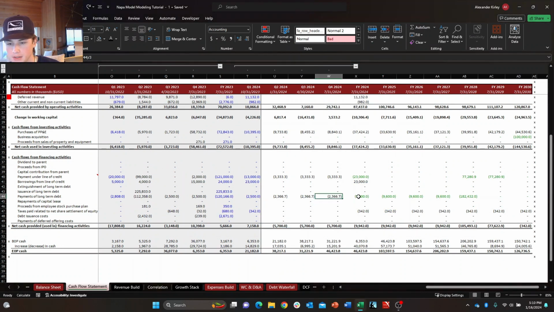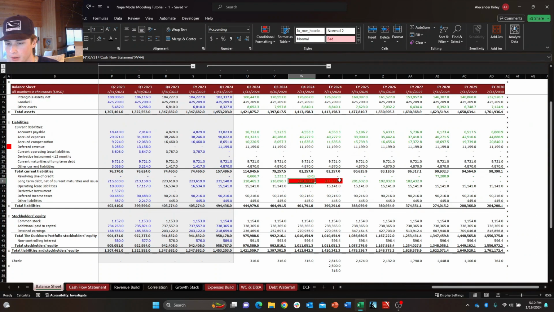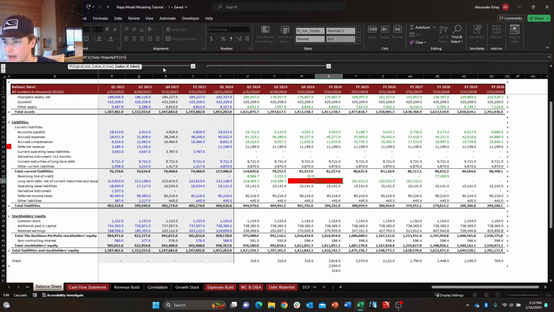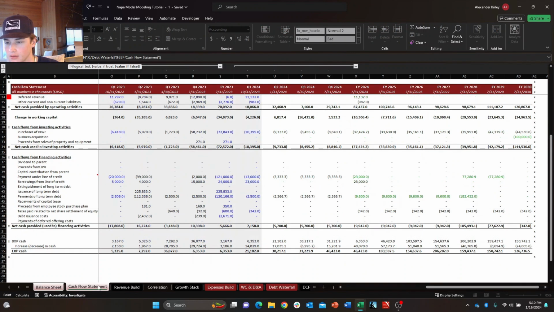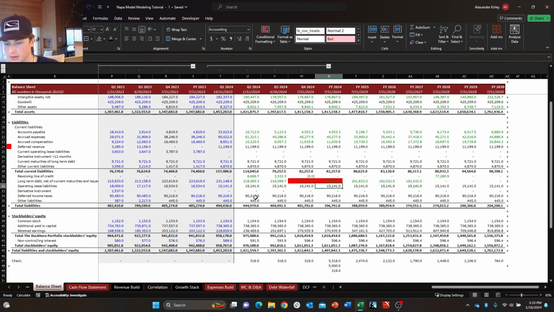So now I see that there's this difference here, and I am accounting for it in this total number, but I don't think I'm accounting for it on my balance sheet. So what I want to do is take that, and then I'm going to add this number from my cash flow statement. Sorry, subtract. And now we are done with this at least. So see, 316 is the difference here. We will have to figure out why exactly, but it's pretty much negligible.